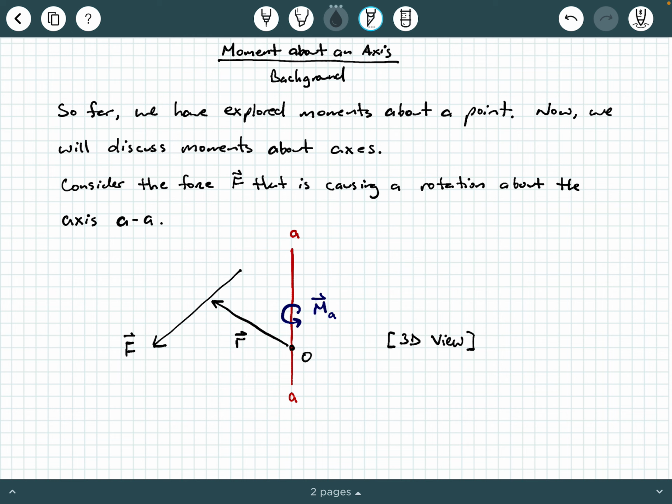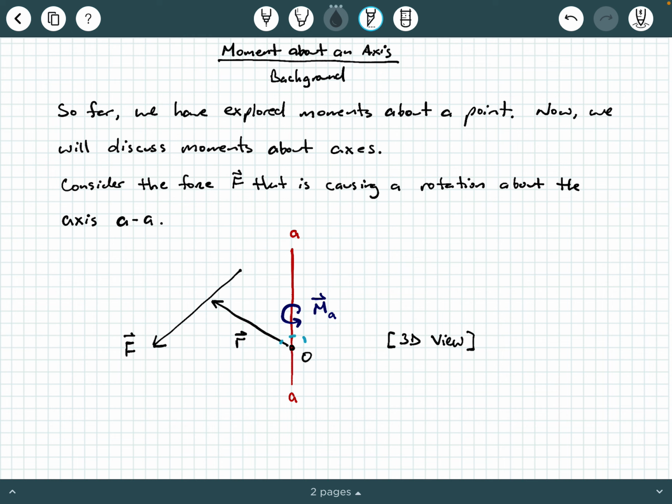Now what's happening is as this force acts, as I've drawn it here, it's going to cause a rotation around, or about, we sometimes say about, that AA axis, okay? And that's shown here by this moment vector M sub A, all right?